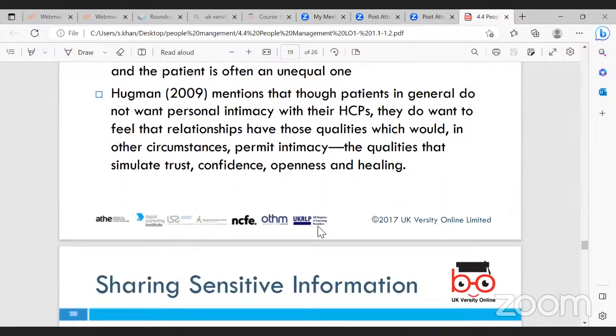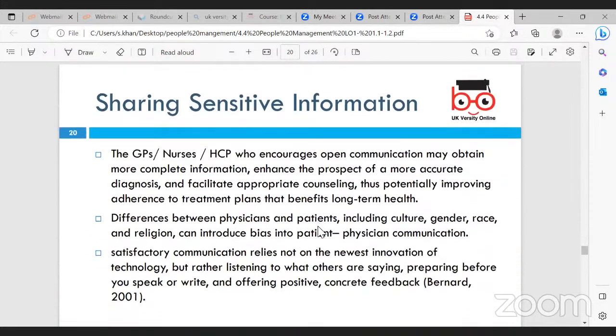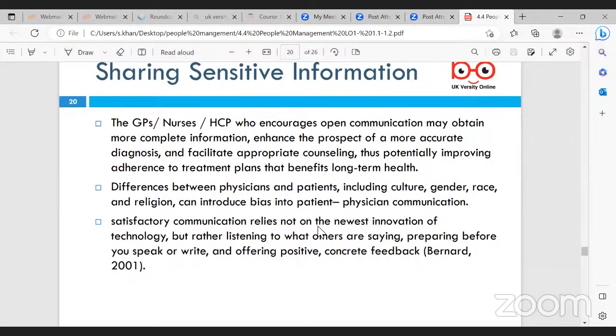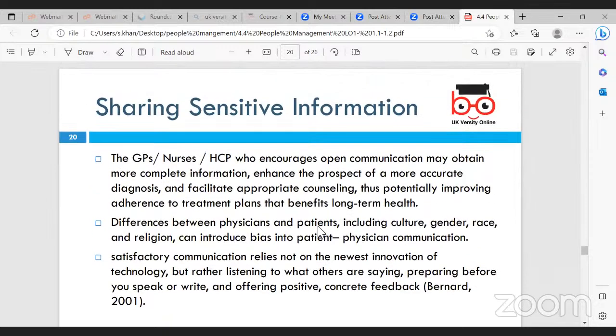So they want to feel that the information they're given has a lot of trust and empathy in it, so they want to identify how the person is.